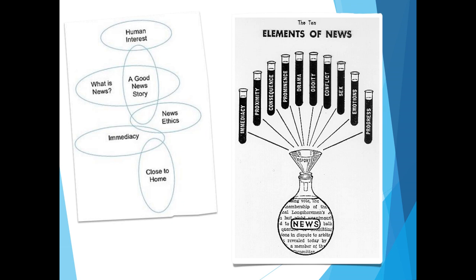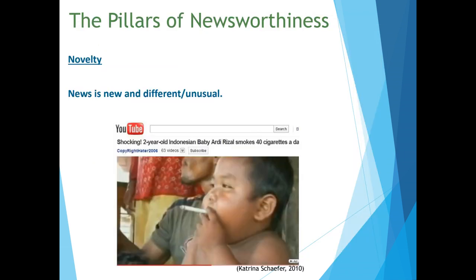All right, let me pull back up the slide. The one thing that's really important for Learning Unit 4, pretty much the most important thing, is your pillars of newsworthiness. They're discussed in PM1, Principles and Practices, and these pillars are what make a story important to society.